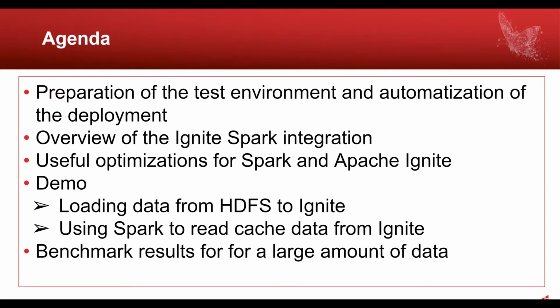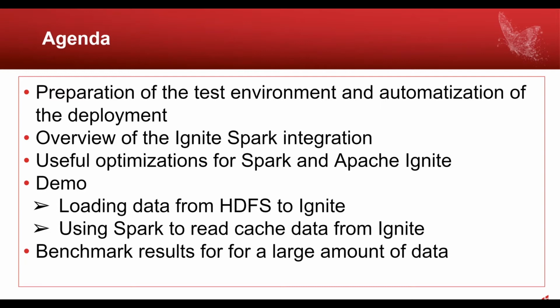After that, we will take a look at the existing Apache Ignite Spark integration API and discuss the examples that I will show to you. Then we will discuss a little bit about different optimizations for Spark and Apache Ignite, and finally run the demo.